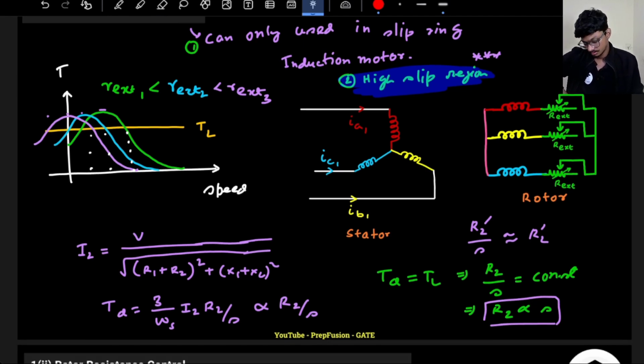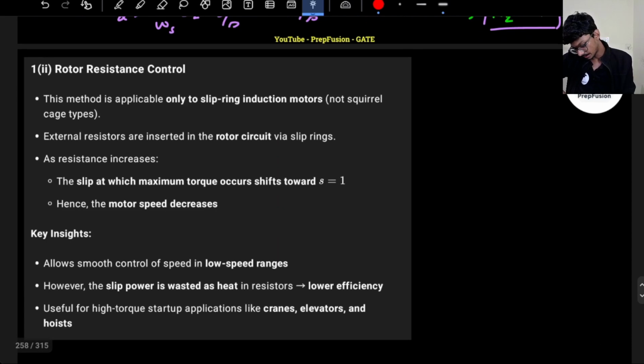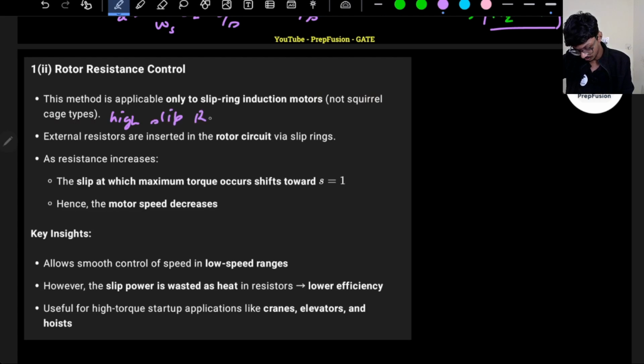This method is applicable only in slip ring induction motor. It will not be applicable in squirrel cage because there is no provision for adding external resistance. Also remember, this method is applicable only at high slip region, because there we assume that to be almost constant.